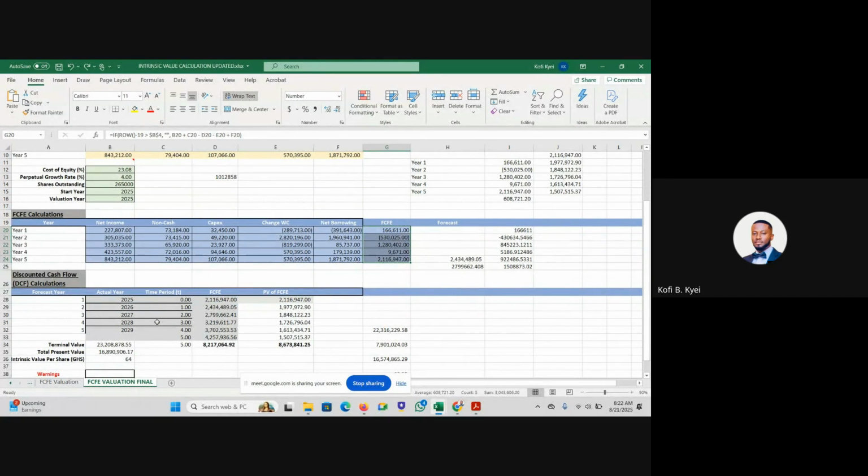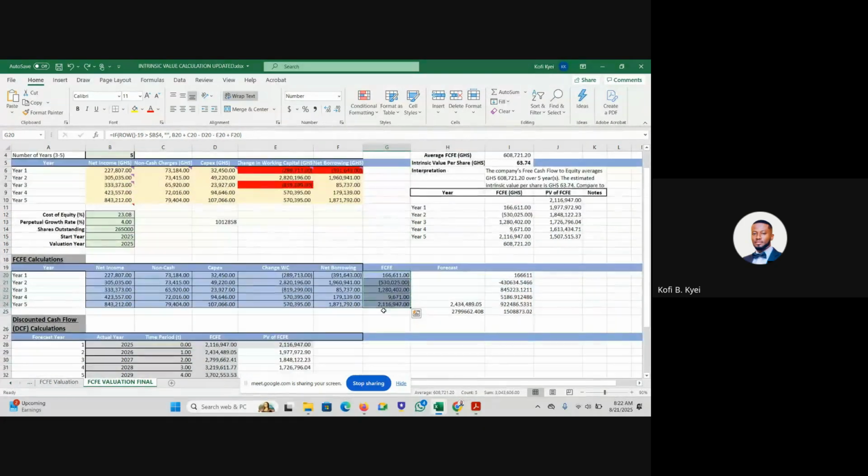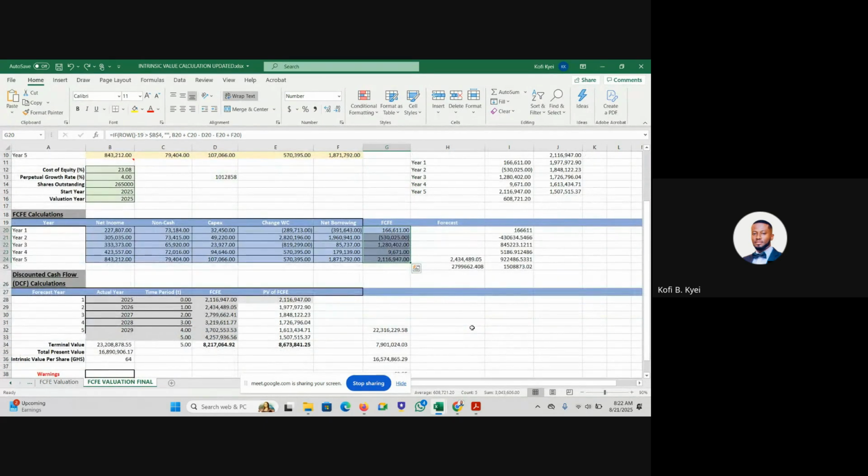Okay, so with the free cash flows, what next do you have to do? You need to forecast them. I don't know whether in this Excel I did a forecasting. Let's see. So this is the first forecast, this is the second forecast.